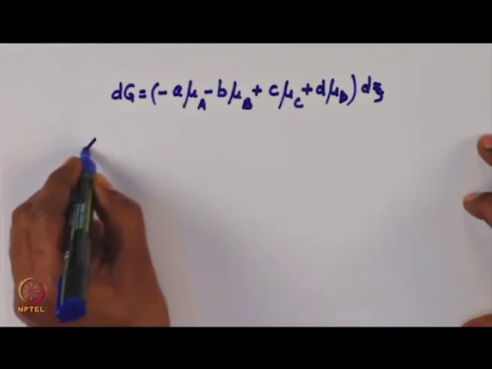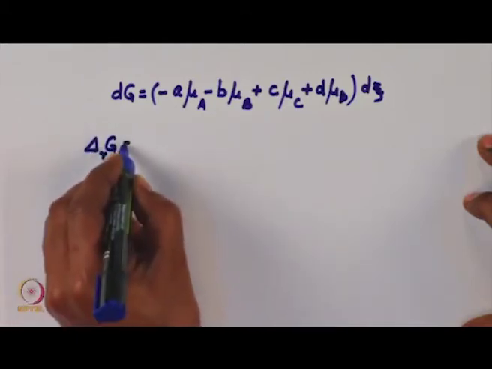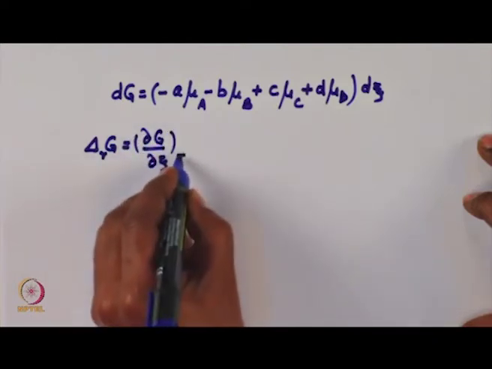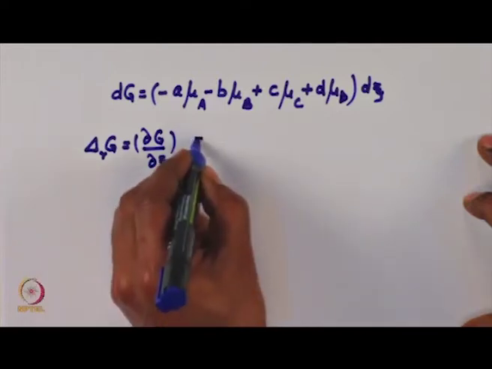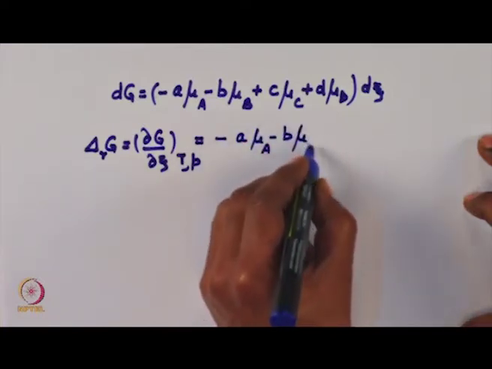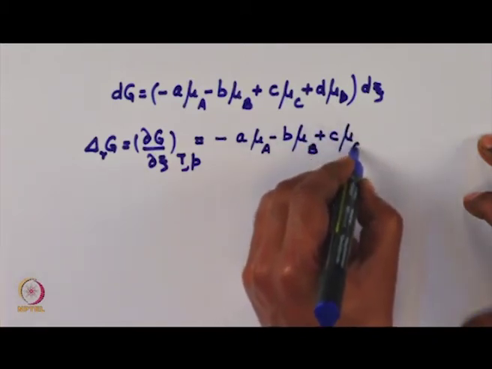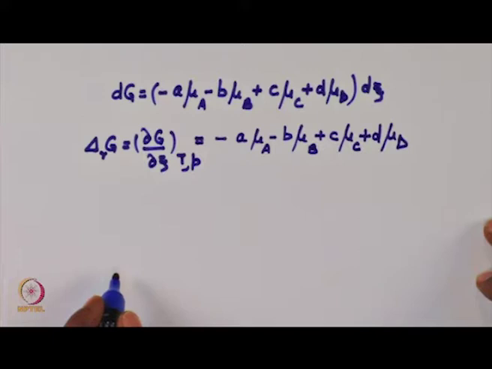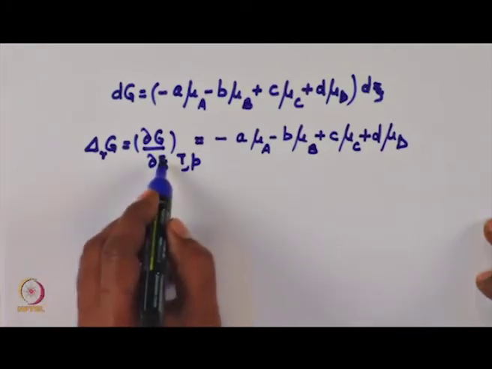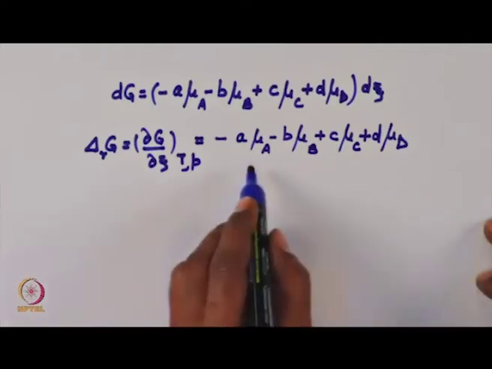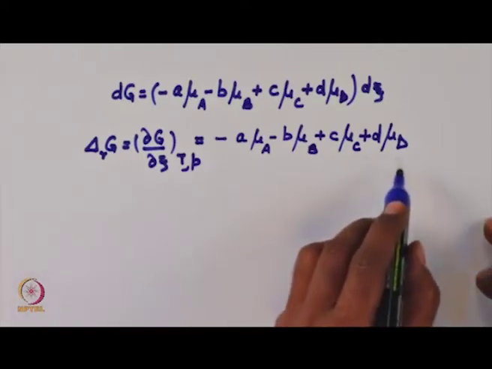Now we know that earlier we defined the reaction Gibbs energy to be the slope of Gibbs energy with respect to extent of reaction at constant temperature and pressure. From this expression, it is minus nu A times mu A minus nu B times mu B plus nu C times mu C plus nu D times mu D. So we have been able to express the reaction Gibbs energy, which is the slope of the Gibbs energy versus extent of reaction, in terms of chemical potentials, and these chemical potentials are weighted by their stoichiometric number.